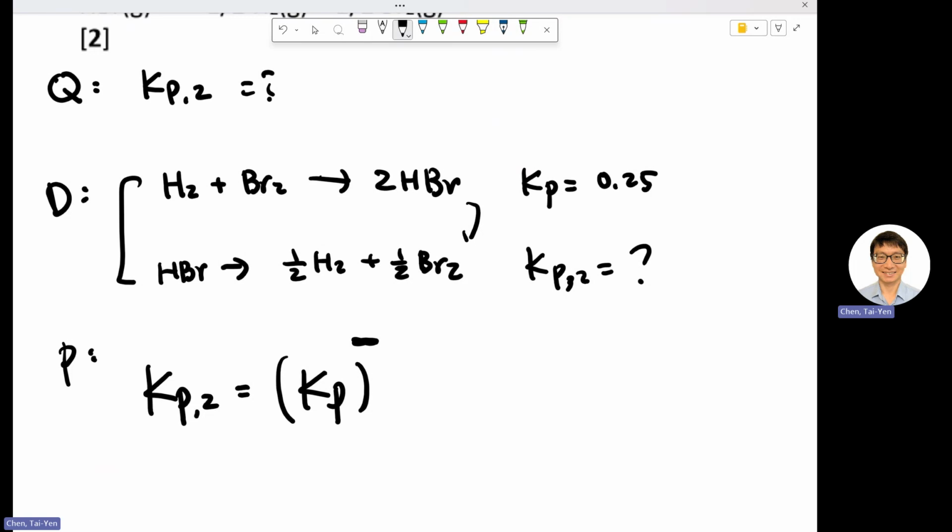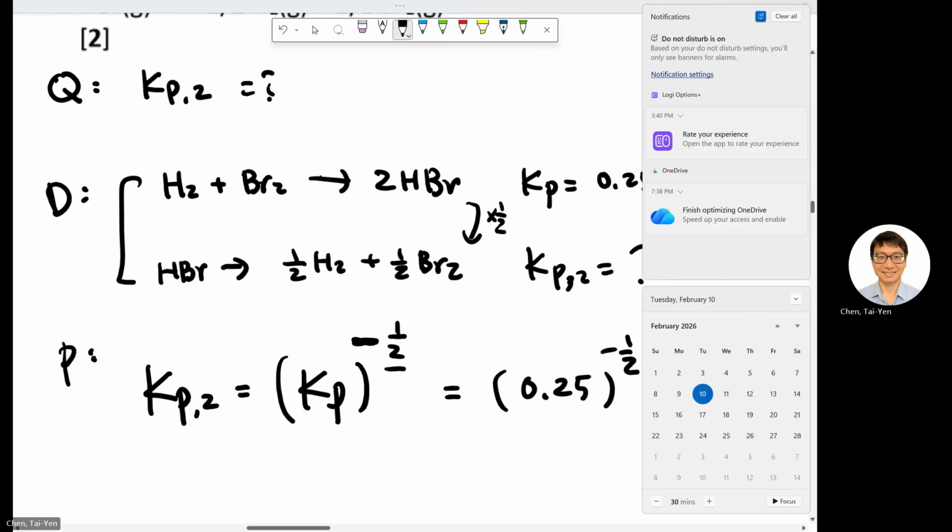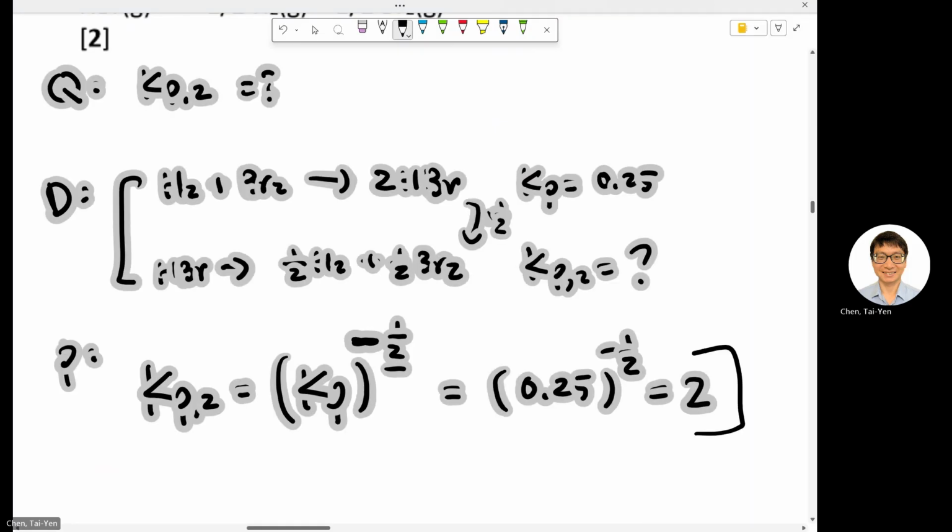Going from here to here, you actually multiply 1/2, right? Therefore, you put 1/2 over there. Okay. And once you see that, you just plug in the Kp is 0.25, negative 1/2. They will give you a number, and there will be the answer.